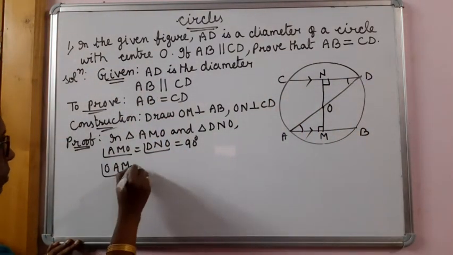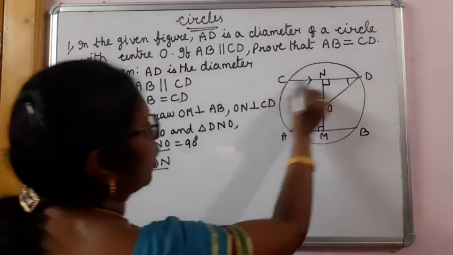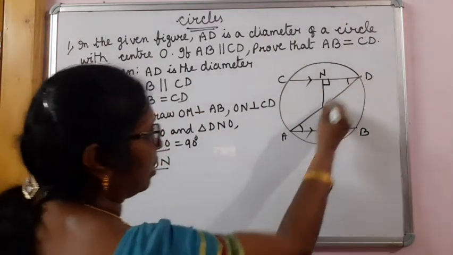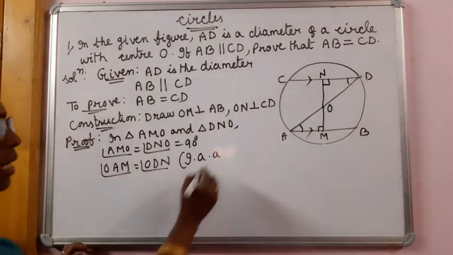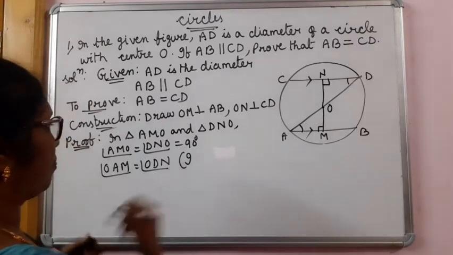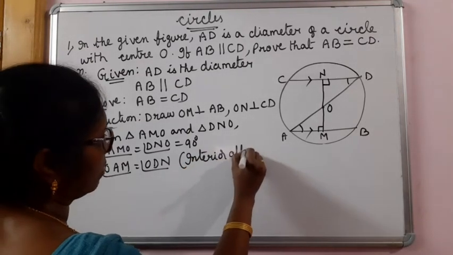Angle OAM is equal to angle ODN. Why? Because AB is parallel to CD. If two lines are parallel, then the pair of interior alternate angles are equal. They are interior alternate angles.